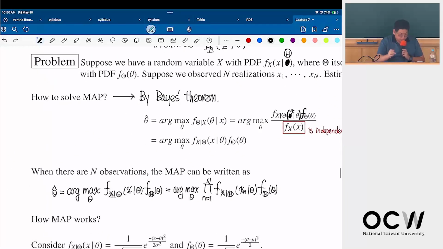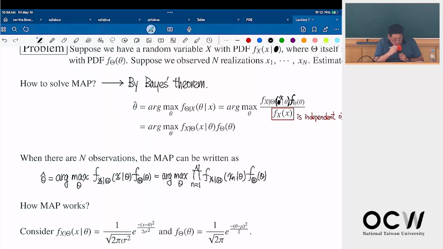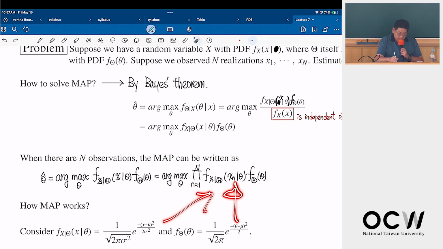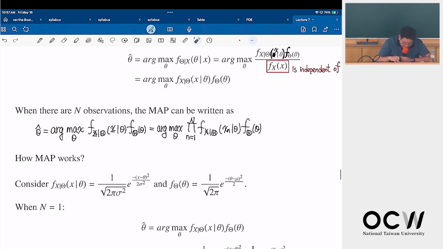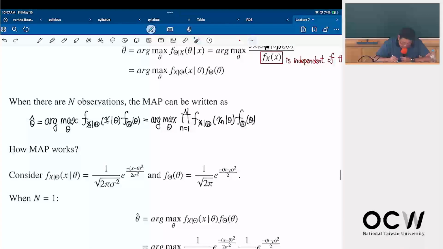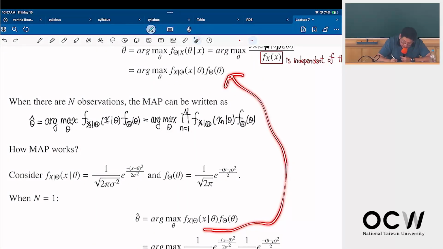Now suppose the prior distribution is Gaussian, and the conditional PDF is also Gaussian. First, when n equals 1, if we have only one observation, then what is the best theta?